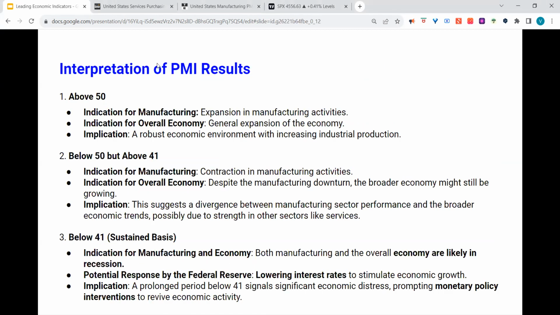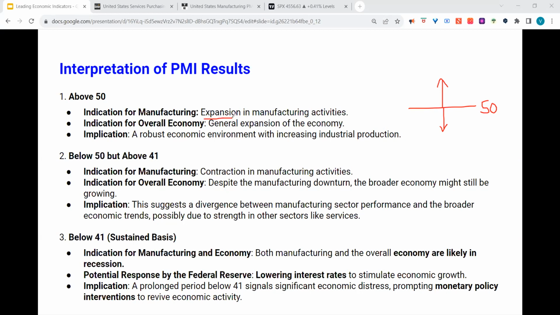So we know that a PMI above 50 is expansionary in nature, and below 50 is contractionary in nature, right? Let us revise that basic thing. If the PMI reading is above 50, take PMI for manufacturing, for example, we know that there's an expansion in manufacturing.